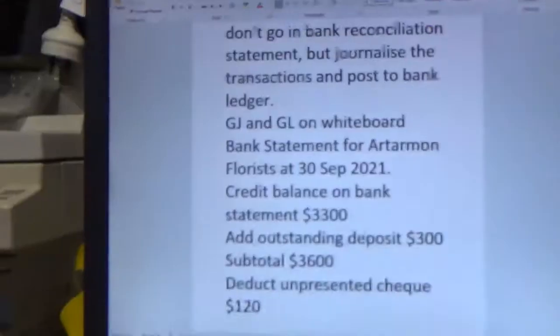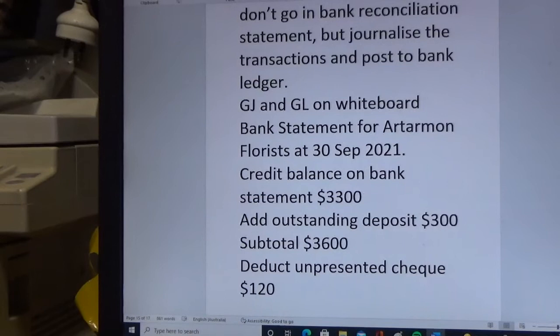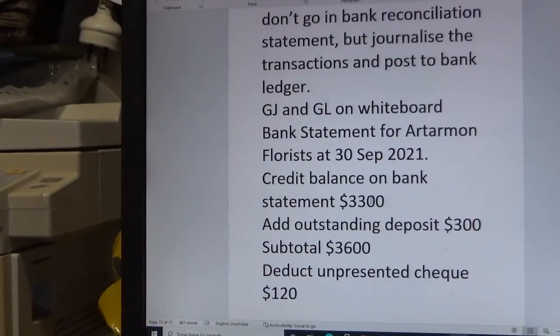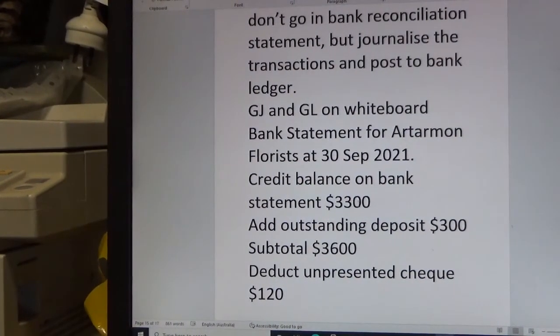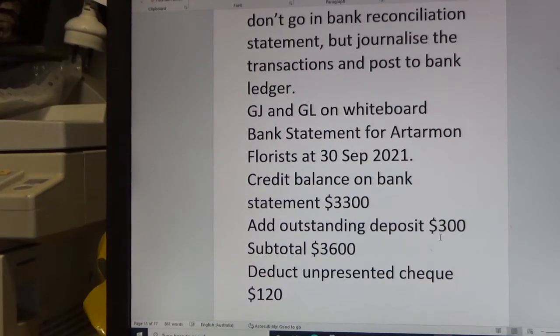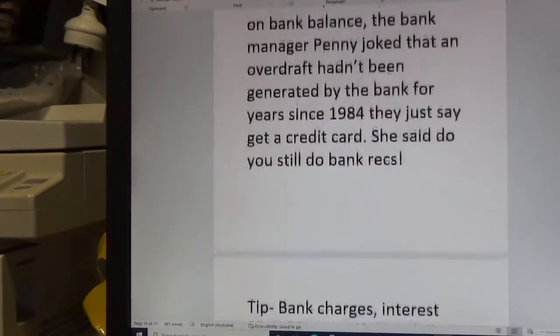So back to the whiteboard. Just make sure we've got everything. That's our closing balance in the bank statement, 3,300. You add the outstanding deposit of 300. Is that consistent with our methodology?